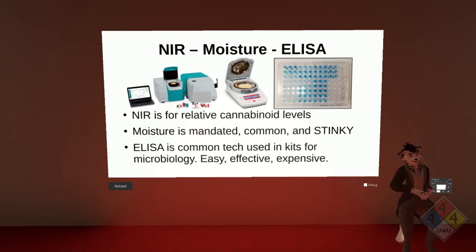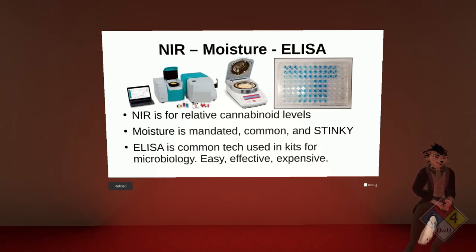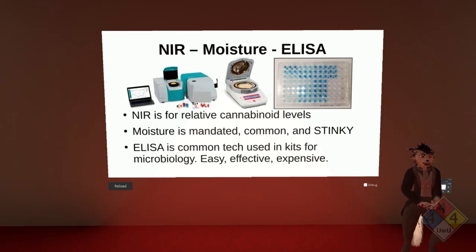Unfortunately, for all of the states that I'm aware of, it doesn't have the quantifiable accuracy and sensitivity to guarantee the 0.3% and the 3% delta 9 THC ratios that qualify products as hemp or non-hemp products. So NIR is useful, but it's not used in laboratories because it's just not quite sensitive enough.